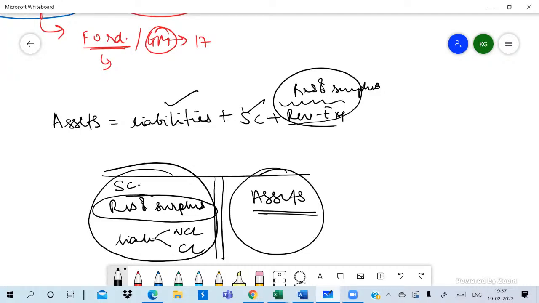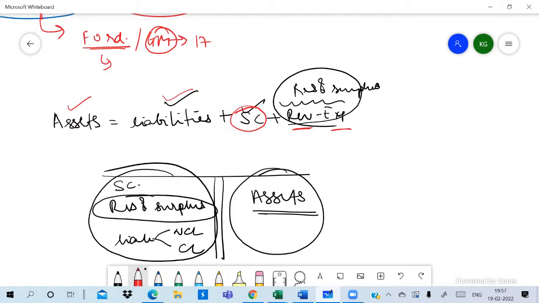This is nothing but an accounting equation. When you look at any data that's given to you, you just need to identify whether the transaction involves an asset or a liability or a revenue or an expense, or whether it's share capital. And depending upon what it is, you just have to write it one below the other.